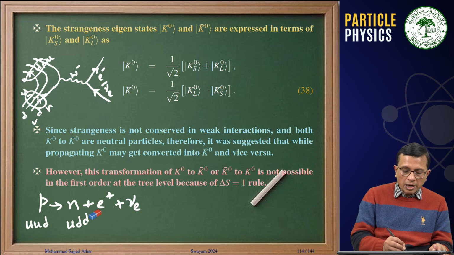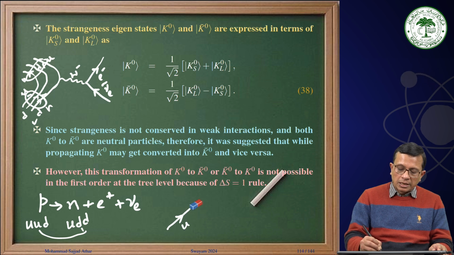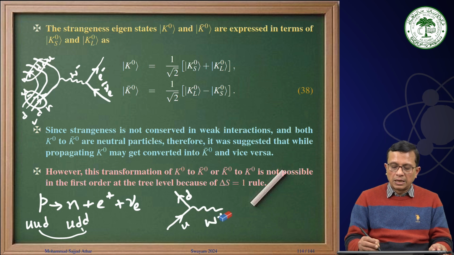Now, how can a u get converted into a d? This is possible only when a u emits a W+. The baryon number is 1/3 for u and 1/3 for d.